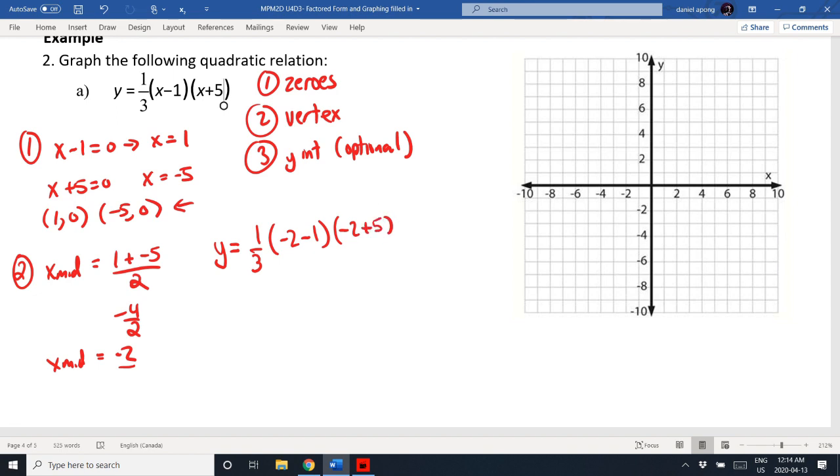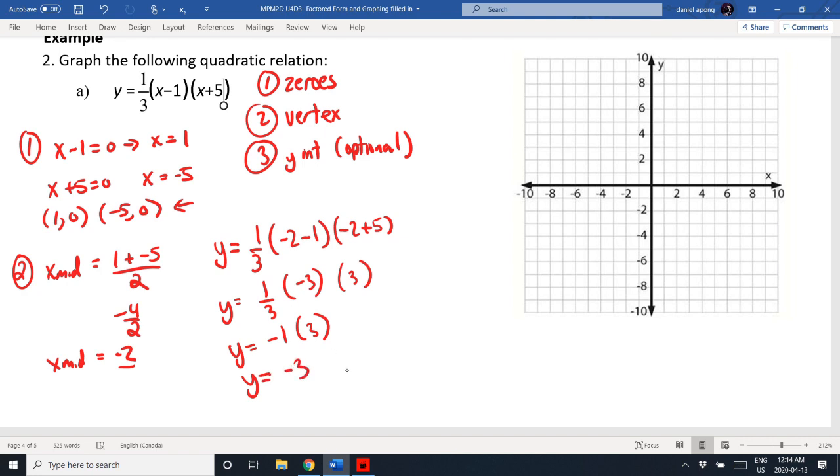We're just going to solve for what that is. Let's do the brackets first. So we have 1/3. -2 minus 1 is -3, and -2 plus 5 is +3. So we can just multiply 1/3 times -3. That's just -1 times 3. So y is equal to -3.